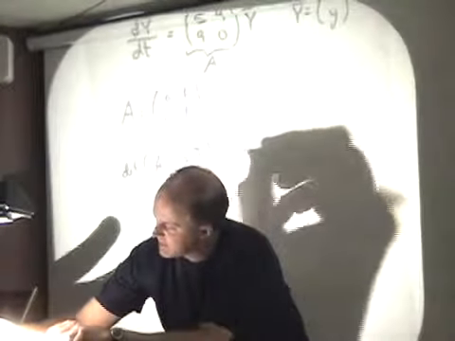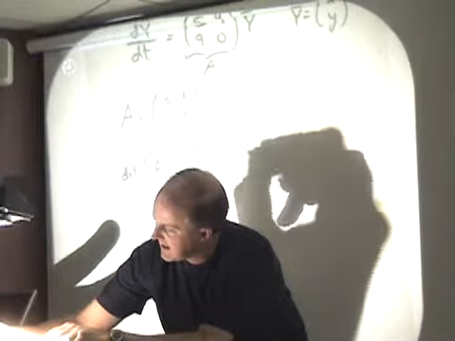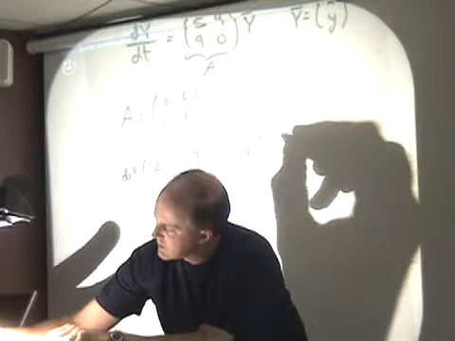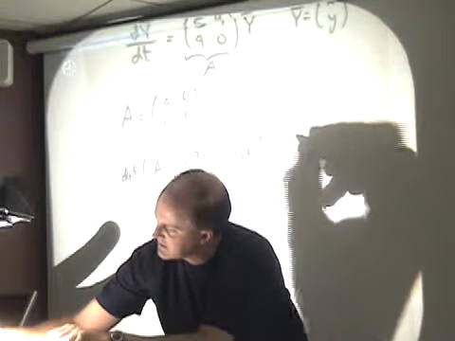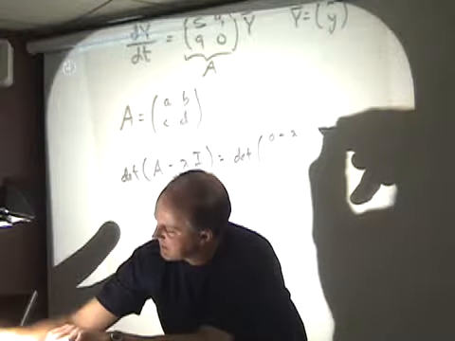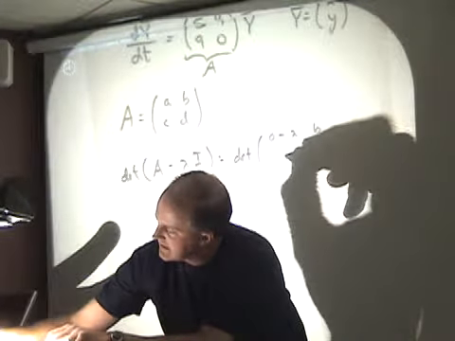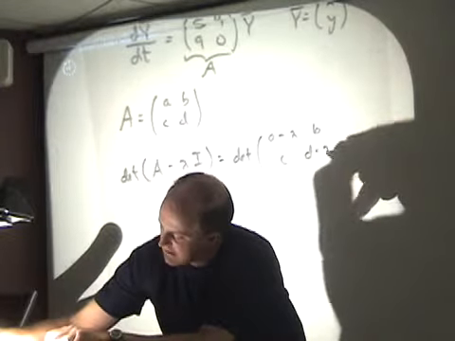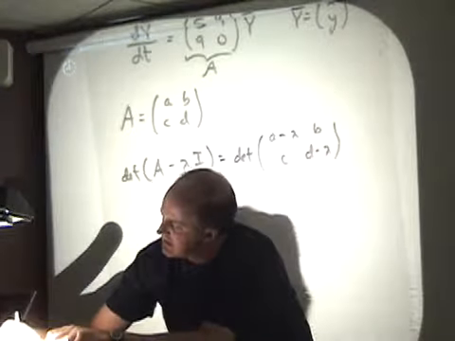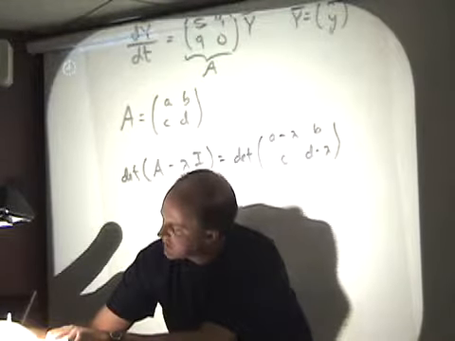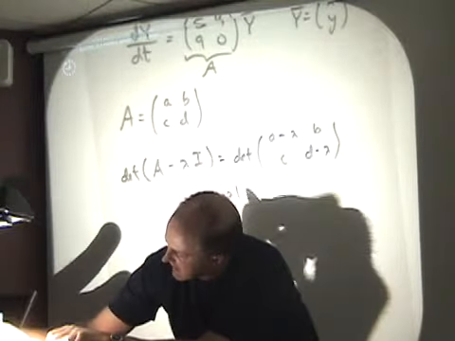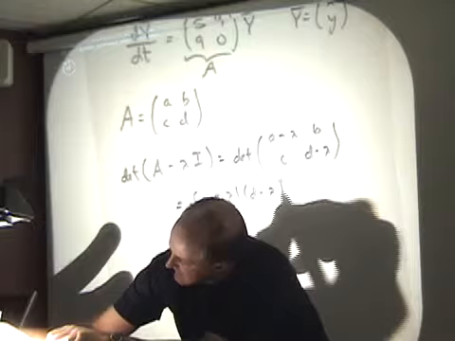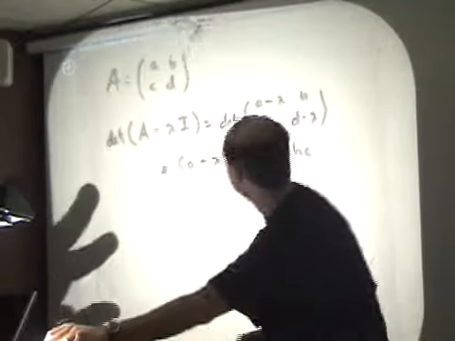I need to find the determinant of A minus lambda I, which will, in terms of the entries, be little a minus lambda in the upper left, b in the upper right, c in the lower left, and d minus lambda in the lower right. That determinant will be (a minus lambda) times (d minus lambda) minus the product of b and c.